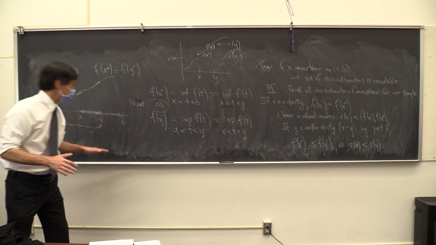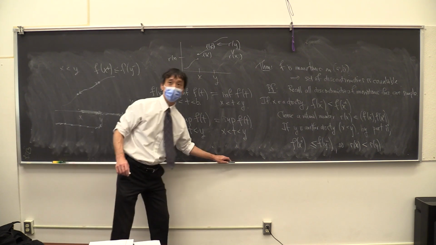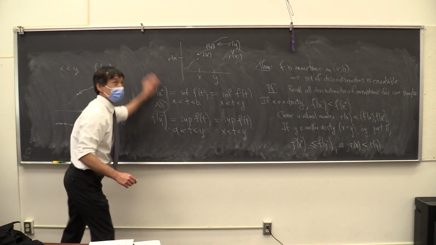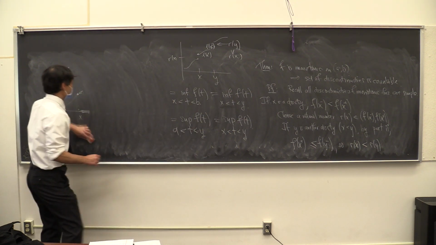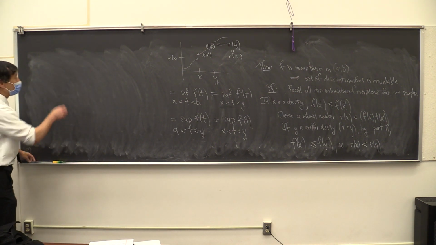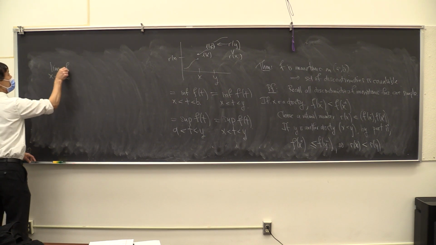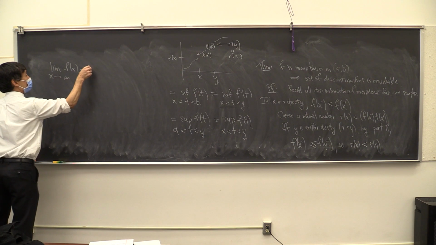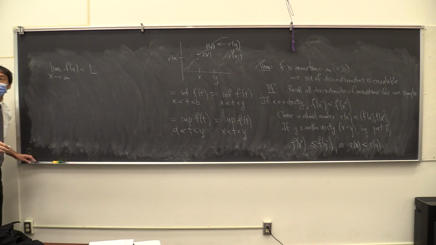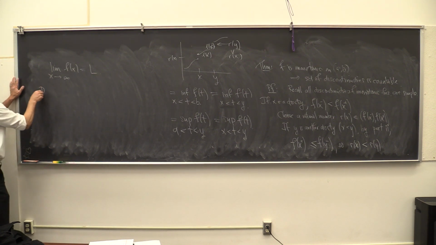Okay, so there's a little bit left in this chapter. It's about limits at infinity. Let me just use the last couple minutes to say a little bit about that. There's a little bit about talking about things like as x approaches infinity, f of x equals some value L, say. So the definition of this thing will be like this.